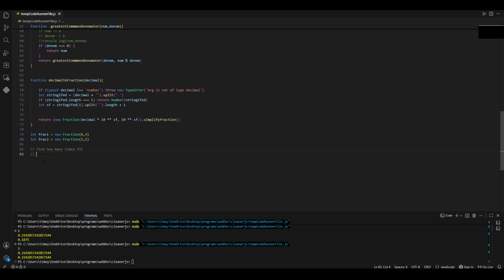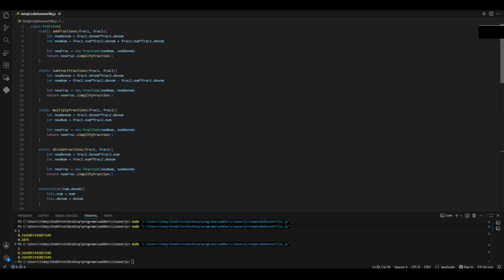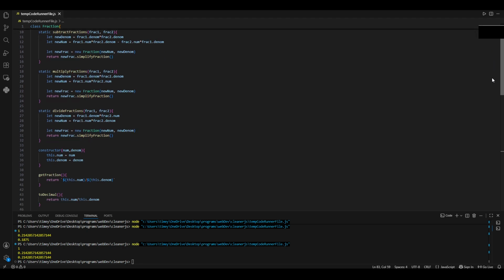Then subtract the divisor minus the dividend times how many times it fits, and that should work. You can always just convert it to decimal, but I'm going to try to keep it in fractions.